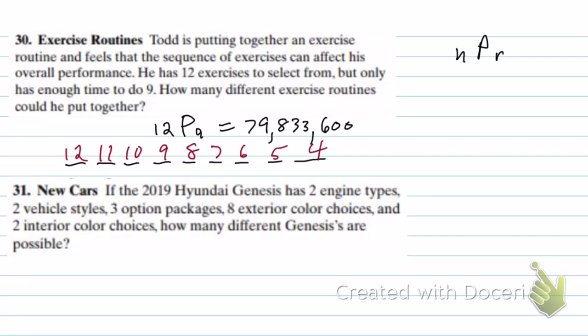Let's multiply all those together. I could have just worked this problem doing it the multiplication rule, right? This is why it's so big. We're multiplying all those numbers together.